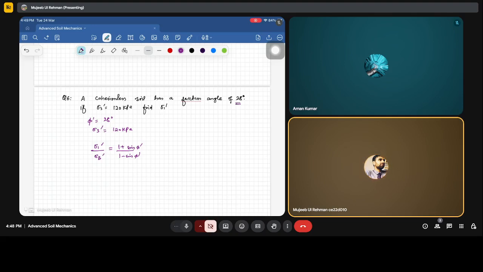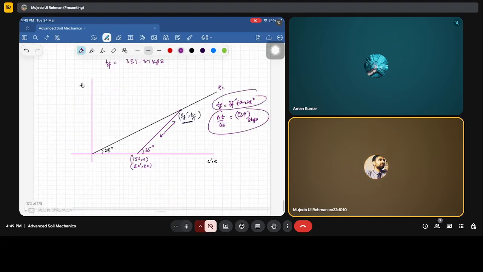Sine of 28 degrees is equal to 0.469. So sigma 1 dash is equal to 120 into (1 plus 0.469) divided by (1 minus 0.469). So sigma 1 dash will be equal to 331.8 kPa. So this was the basic question on stress obliquity.